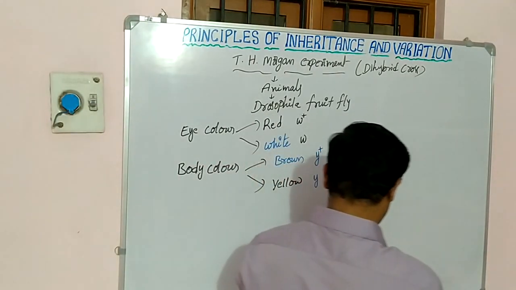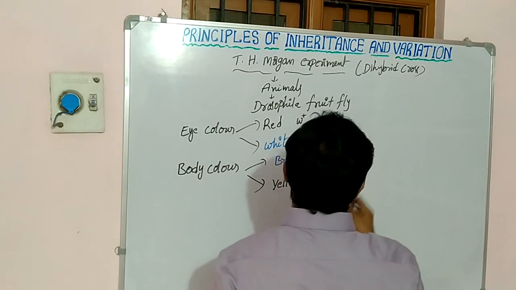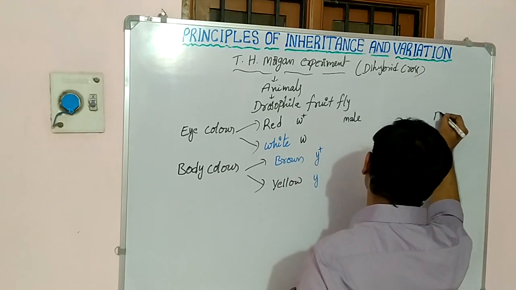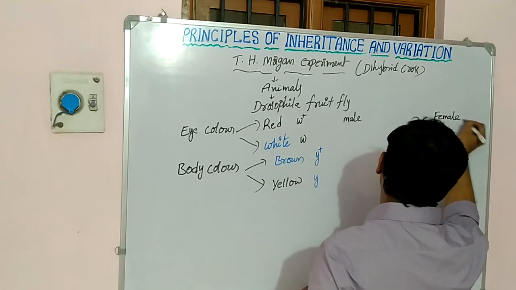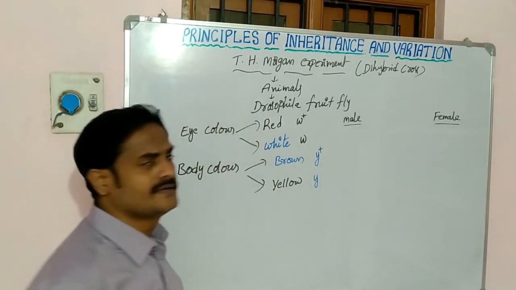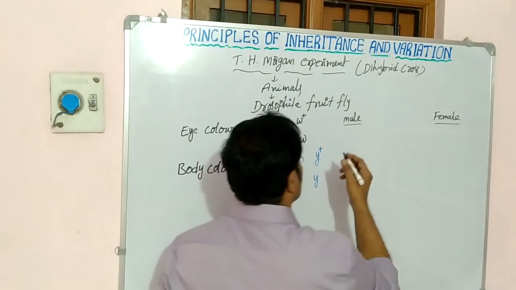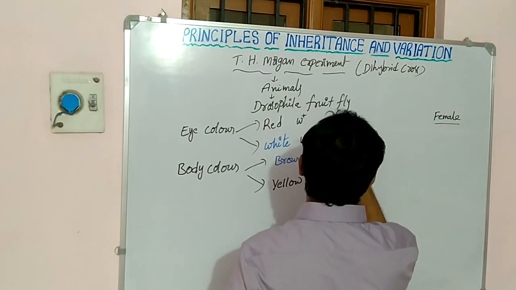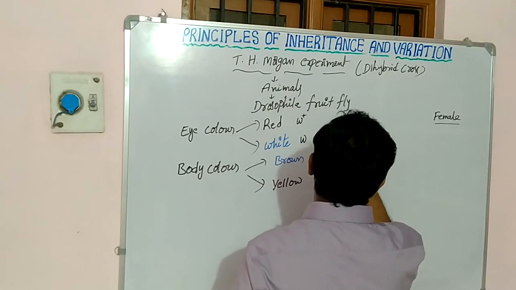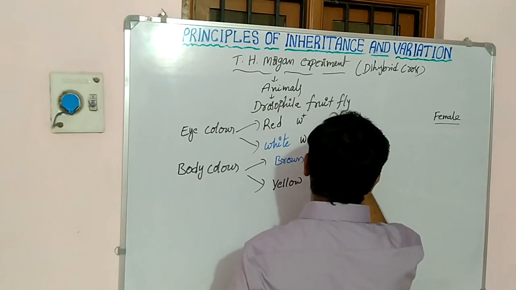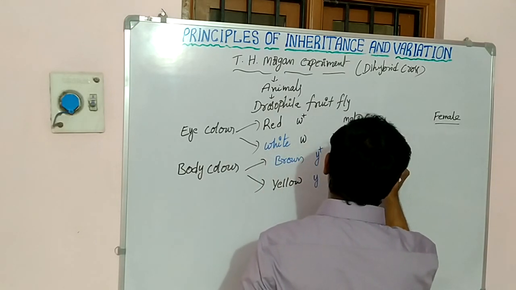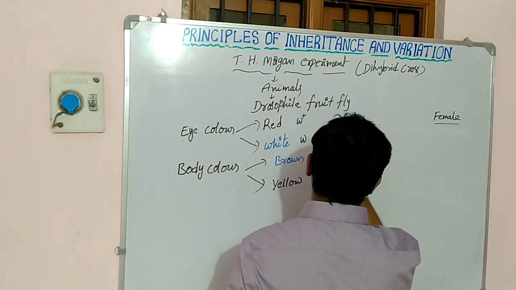He took male and female Drosophila. What kind of chromosomes are present in the male? Already you know, male consists of two types of chromosomes. One is the X chromosome and another one is the Y chromosome.